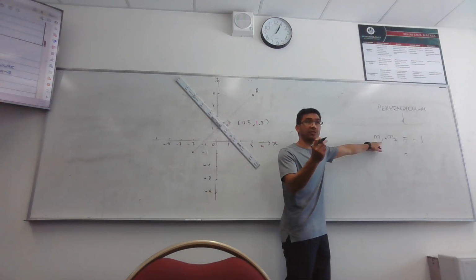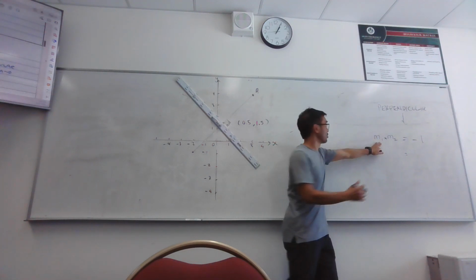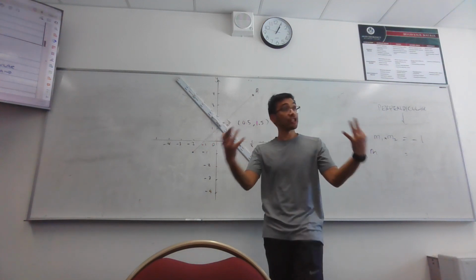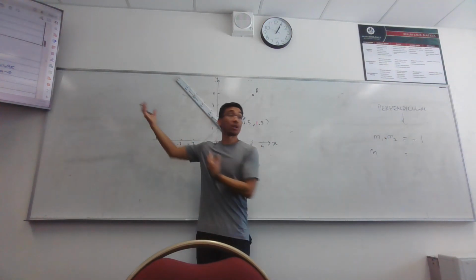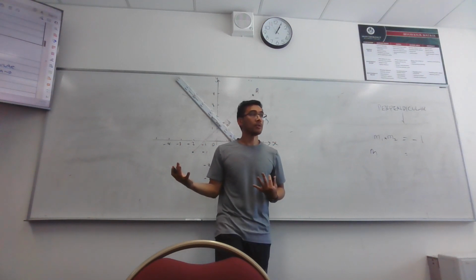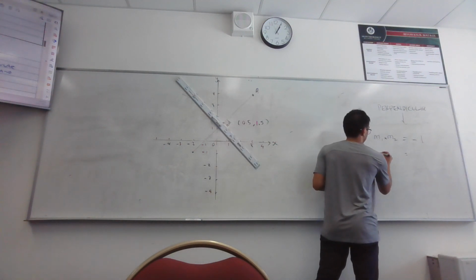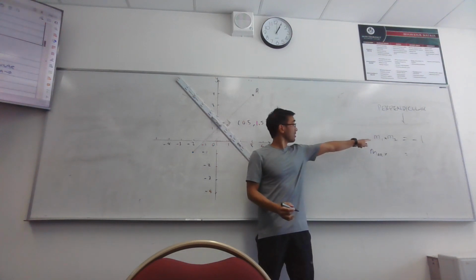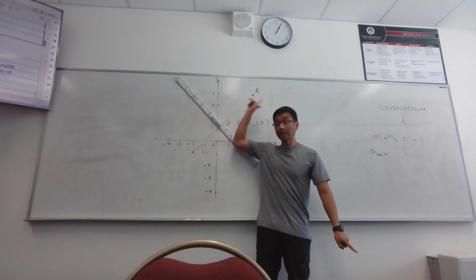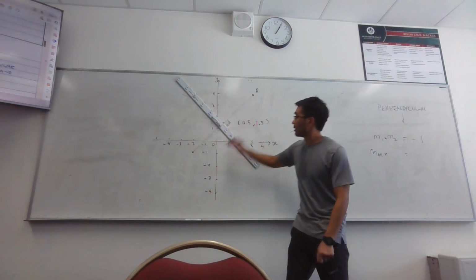M1 is the first gradient. But which one is this speaking of? What can I change in m1? How else can I change that in relation to our question? I'm going to rewrite it as AB. The first gradient is the gradient of our line segment A to B. I've got it right there.